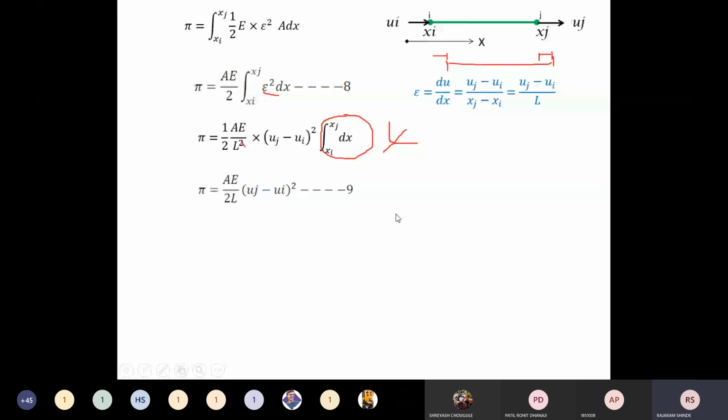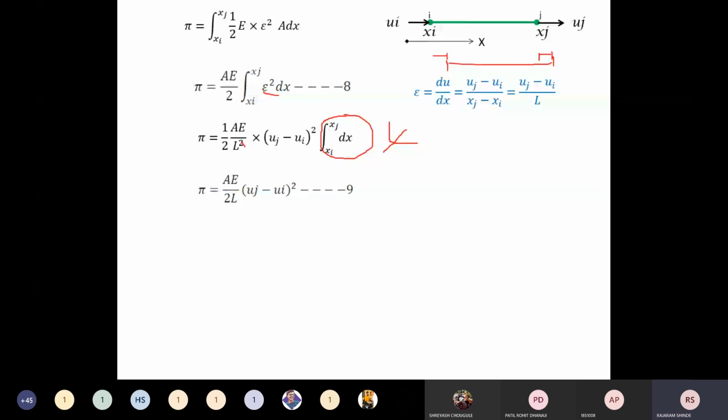Now, can you convert that into quadratic form of the matrix? That is ui square minus 2ui uj plus uj square. Already we have done this in the second lecture. Okay, do you agree with this? That is u transpose k u. We have done it.